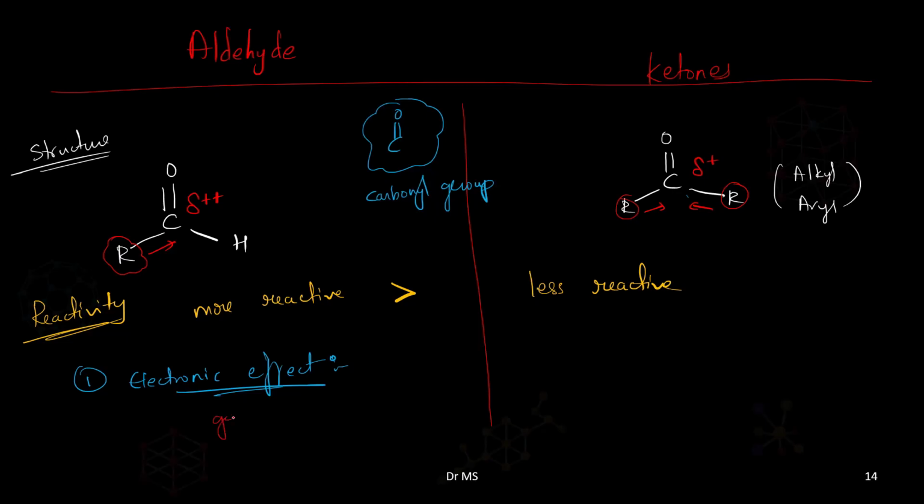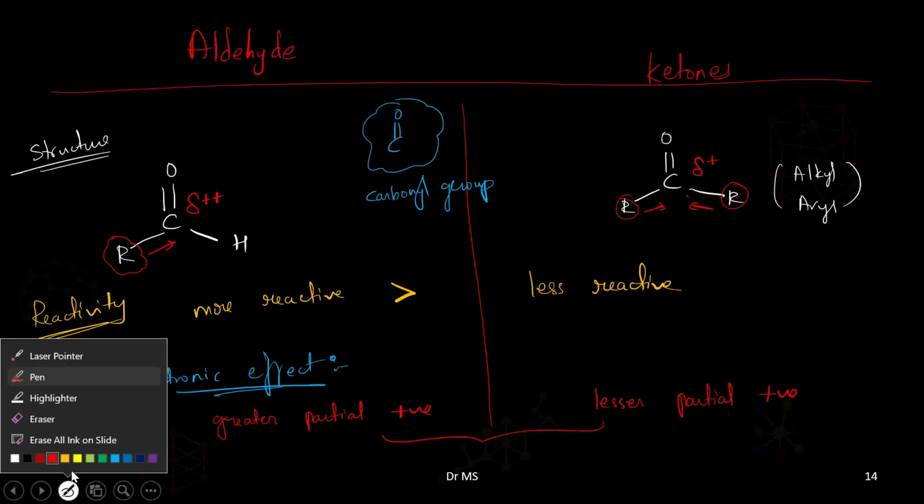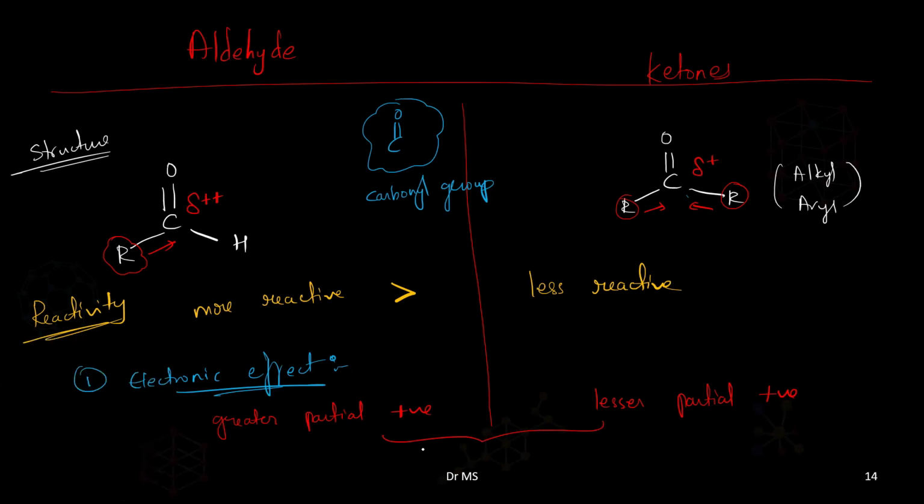So greater partial positive, lesser partial positive. What is this partial positive? Why did it get it? Because of the electron donating effect on the carbon. So it is the electron donating R group.